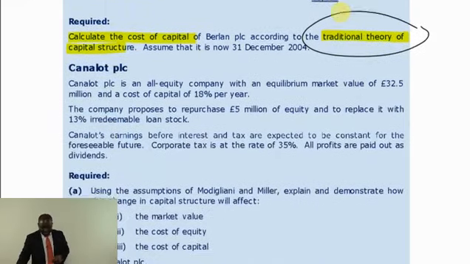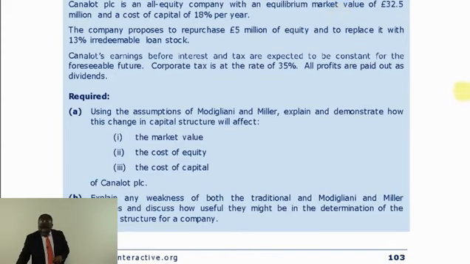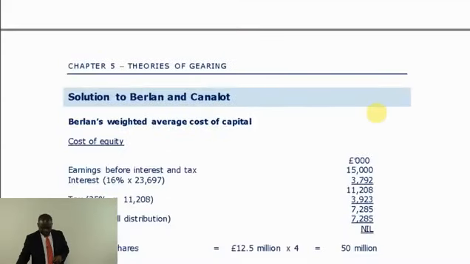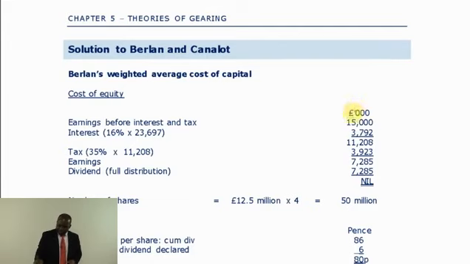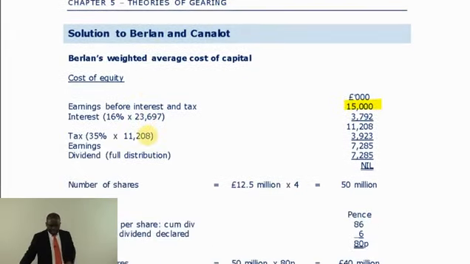So if you flow with me here, you see that that is what we were doing. We pick the 15 million and then interest. If you look at your question, we have 16% debentures, and the total nominal value of the debenture in the balance sheet is 23,697.